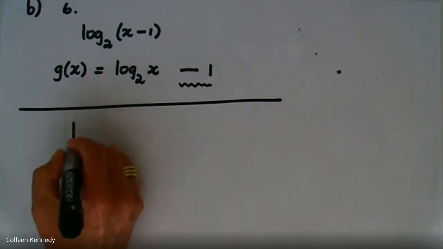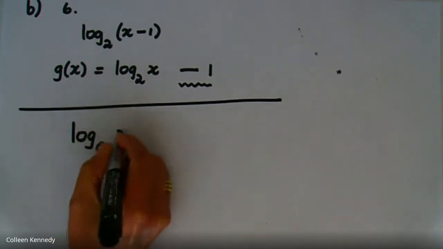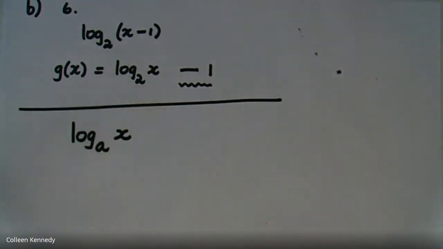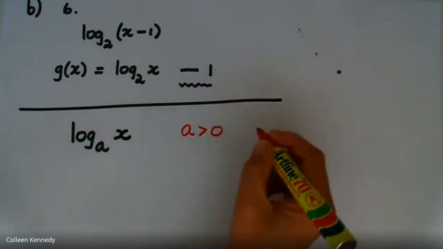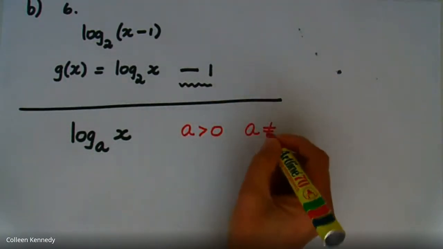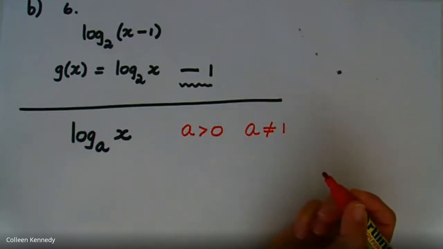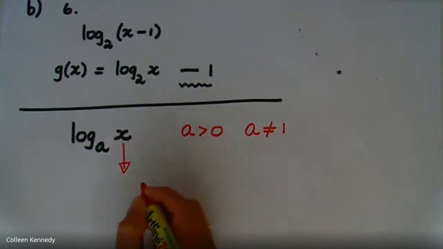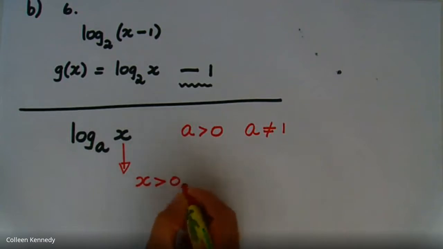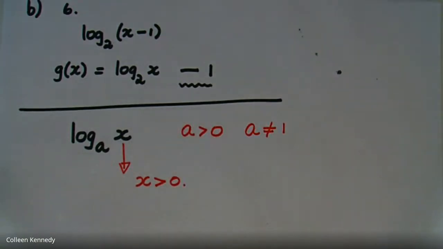If we've got log to the base a of x, remember what we said about the base a: the base has to be positive and can never be 1. Your base cannot be 1. Then your number x, you can only find the log of a positive number, so your number has to be positive.